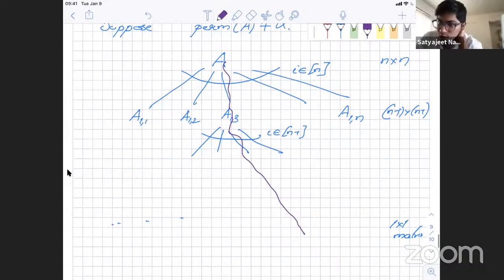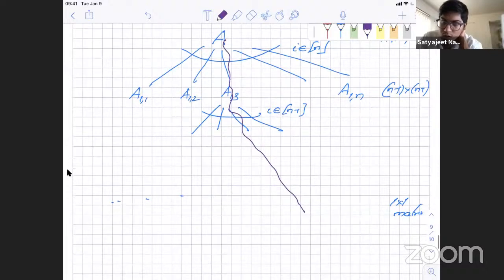I could always give you, in the first case, this, that permanent of A13 is equal to alpha 3, but the others are, and that alpha is equal to A11 permanent of A11 plus A12 permanent of A12.